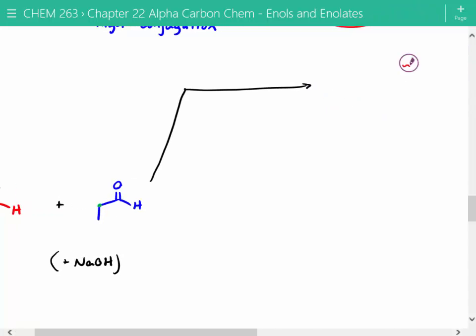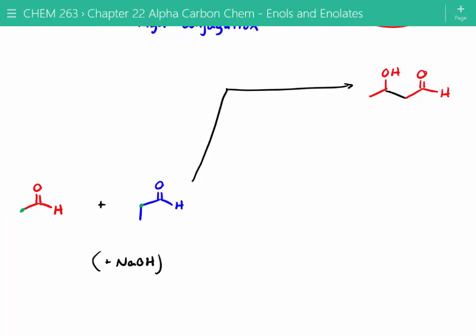If we do that, we end up crossing two of our red aldehydes together, right? So we deprotonated that green position on the red one. So that's one product we could get. Or we could take the green position and deprotonate that off the blue one.